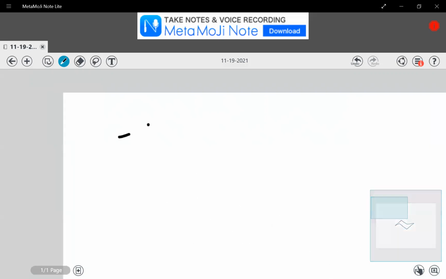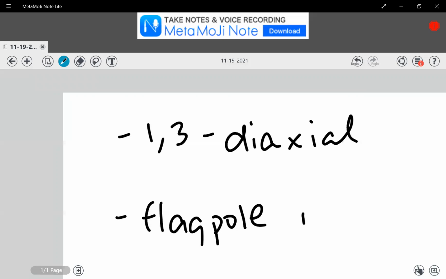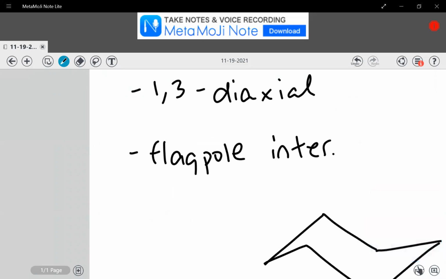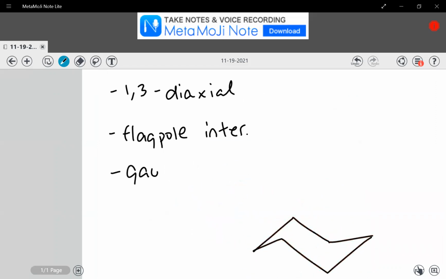You can have 1,3 diaxial repulsion, flagpole interactions, or you can just have, what is it again? Some ring strain. No? Unfavorable gauche interactions.